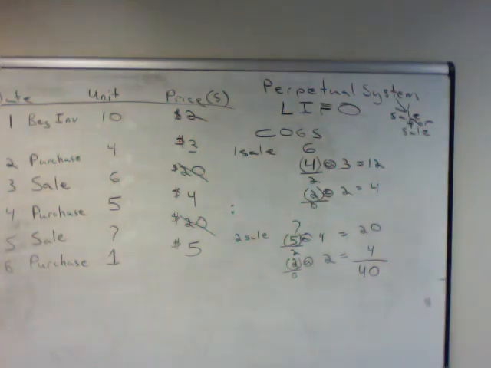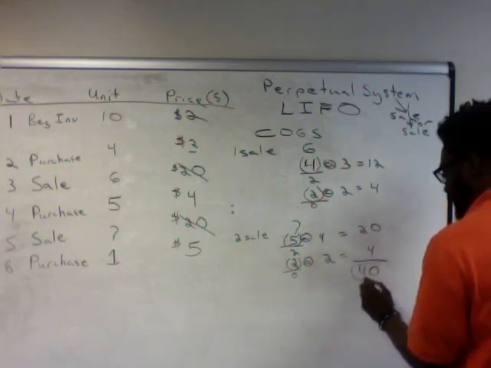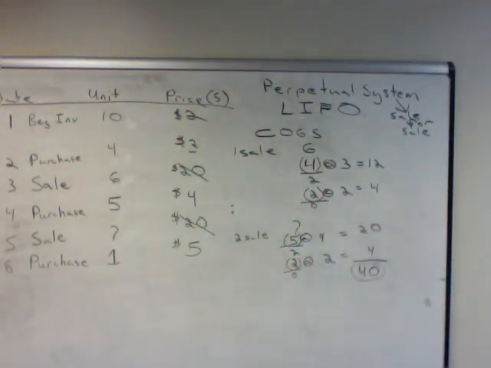I need a calculator. And so our cost of goods sold is going to be the 40.